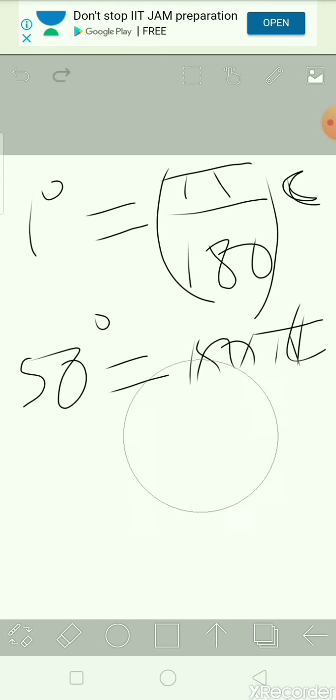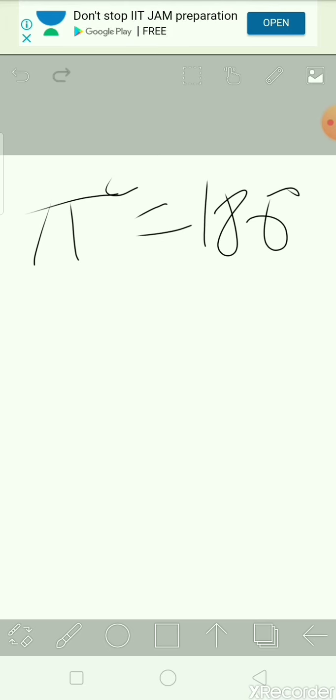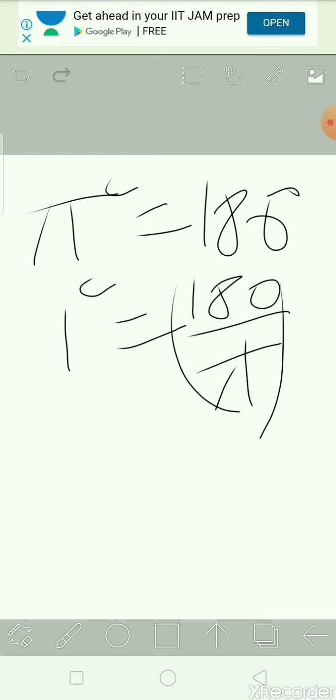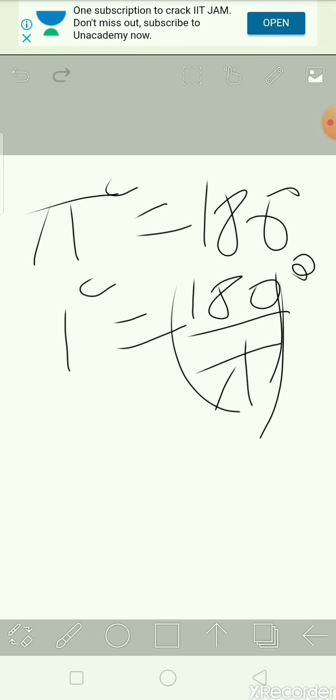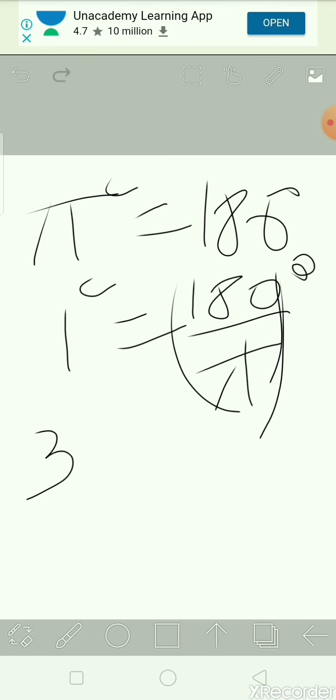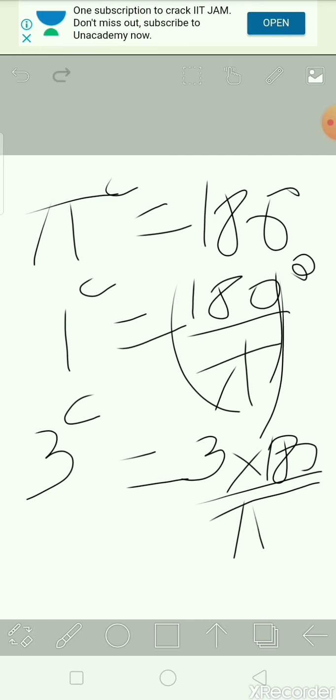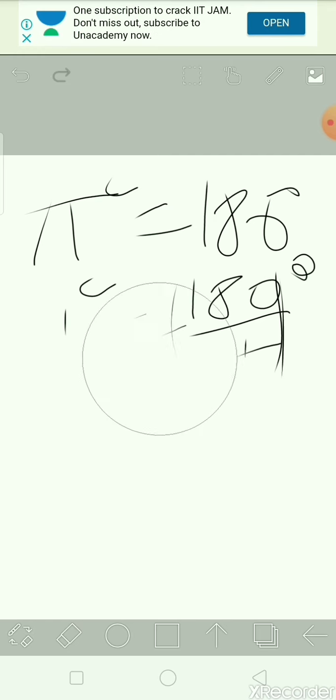Pi radians is 180 degrees, so what would be 1 radian? That is 180 by pi degrees. 3 radians is 3 times 180 by pi degrees. So here we can convert radians into degrees and degrees into radians.